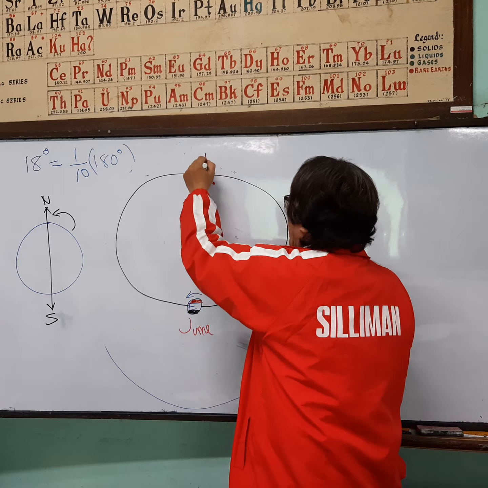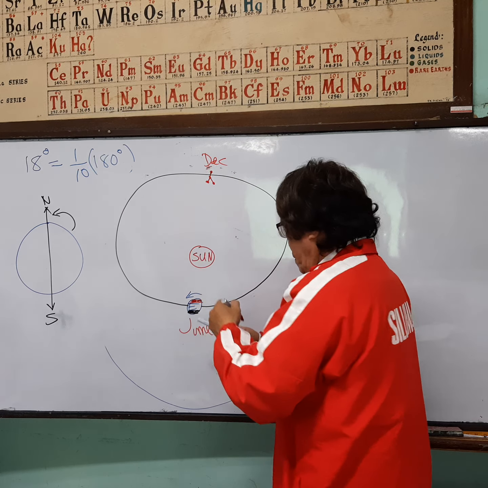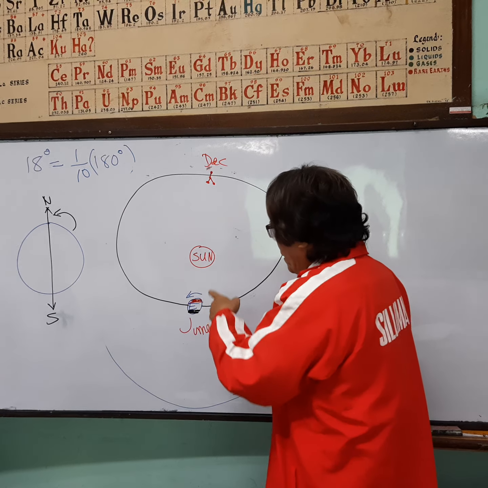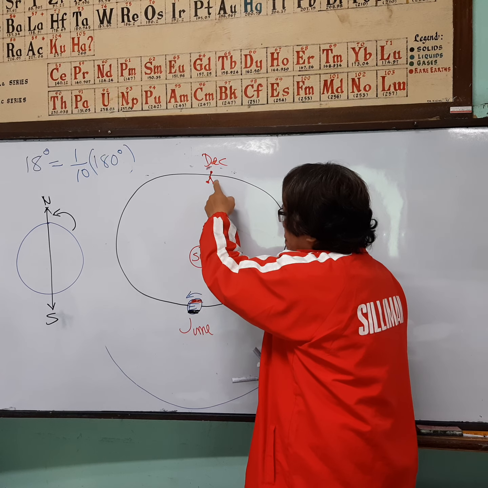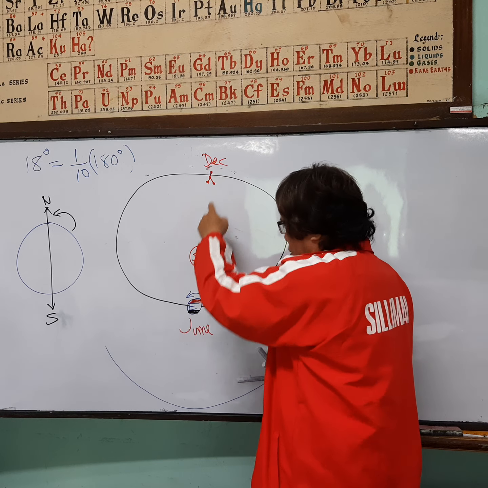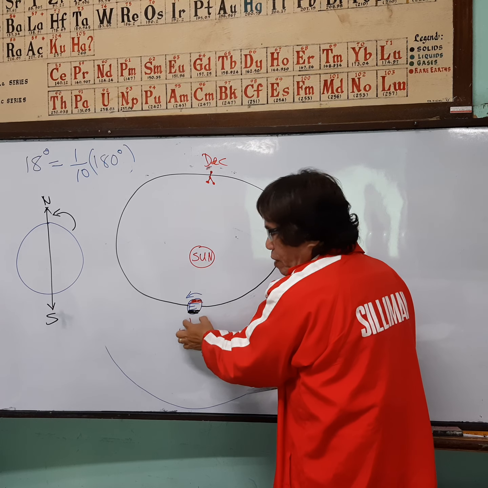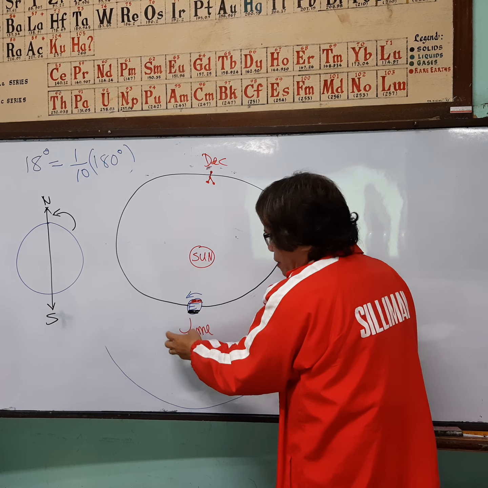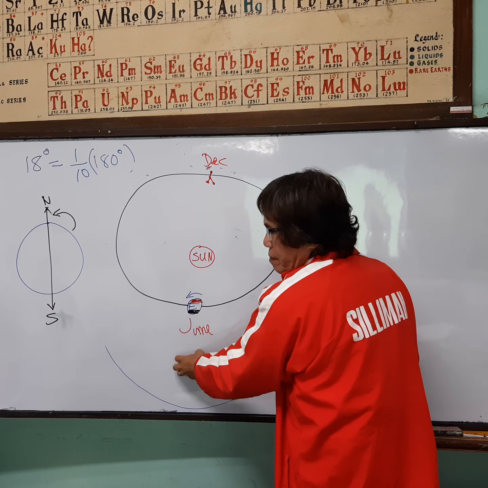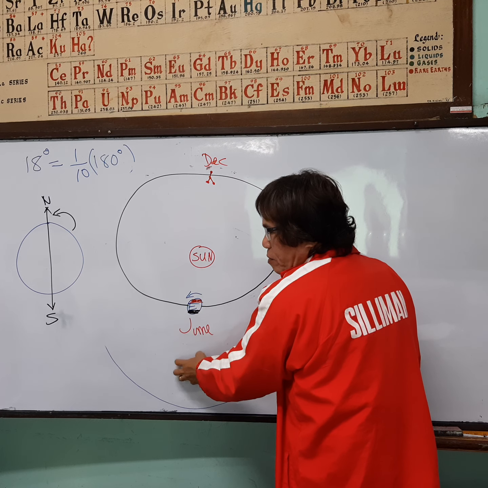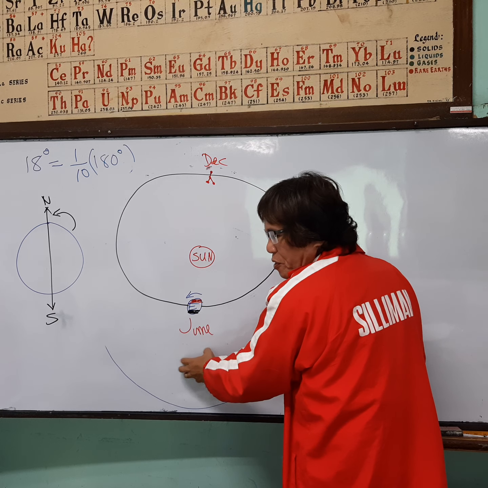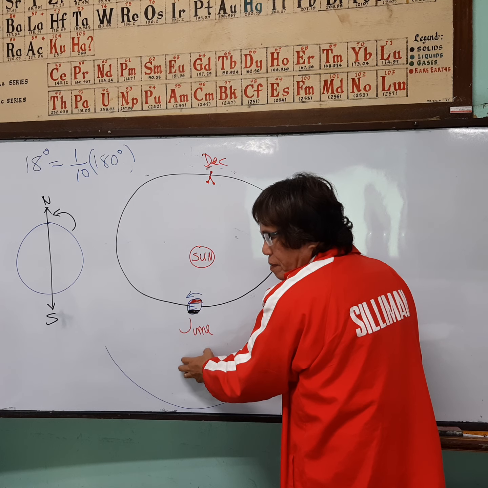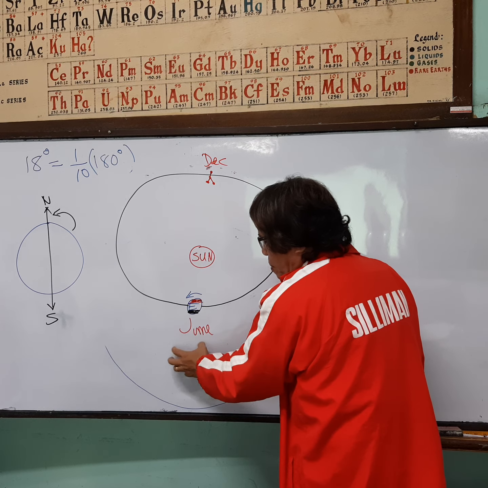This one is December. So, during daytime, you cannot see Gemini. During nighttime here, you cannot see Gemini also, because Gemini is not located here. What is located here is another constellation. Okay, so during nighttime, you cannot see Gemini.